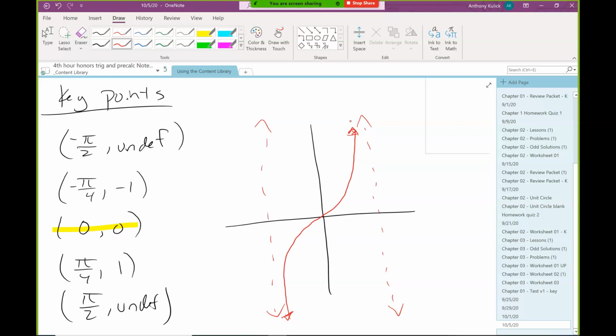So let's do an example here where we graph one. Sound good to you guys?